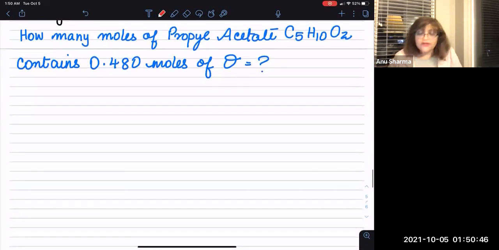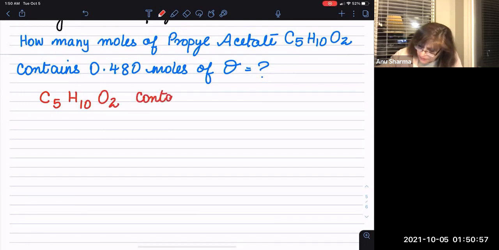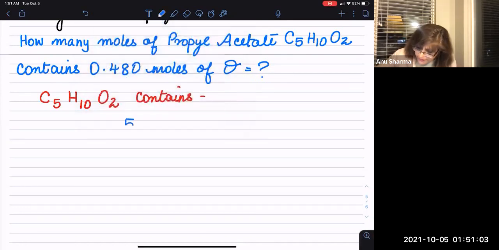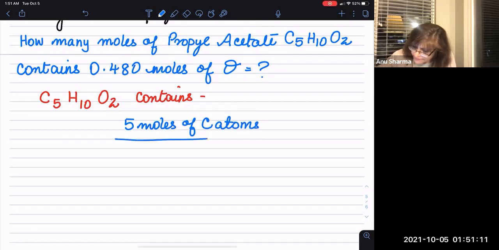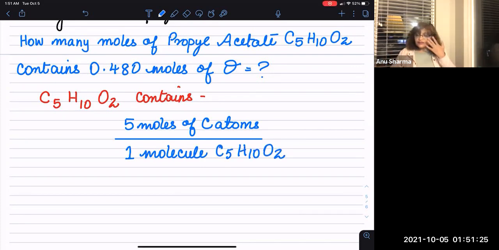So here we see C5H10O2 contains, now this is another way of saying it, 5 moles of carbon atoms present in one molecule of C5H10O2, because a molecule is big. Okay, so this is one thing.